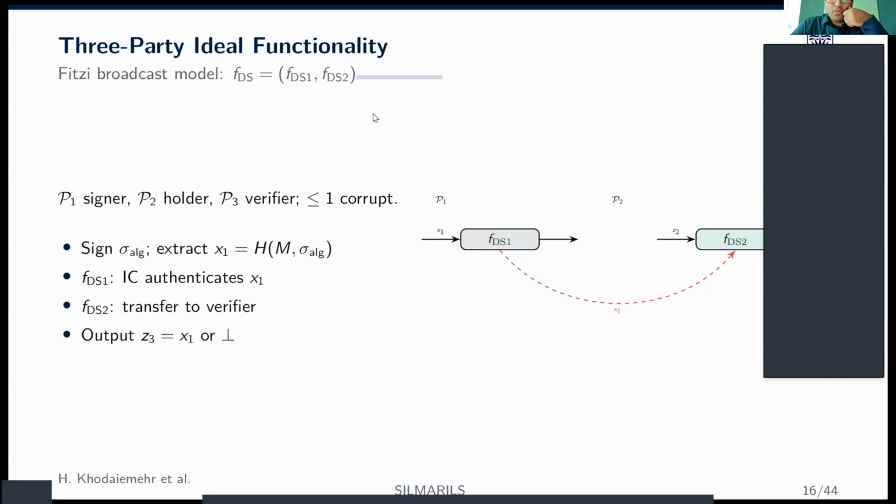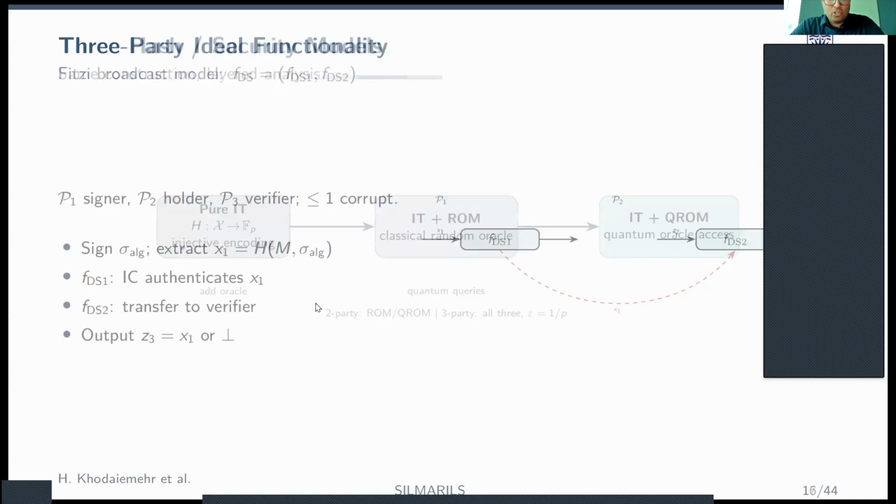The signer outputs sigma alg, as you can see here, and also extracts x1 as the hash of the message and sigma, and the verifier outputs z3 as x1 or bot. In ledger terms, the signer, holder, and relay behave like a relay for validating a signature. So these are the parties and how they are connected and interact with each other.